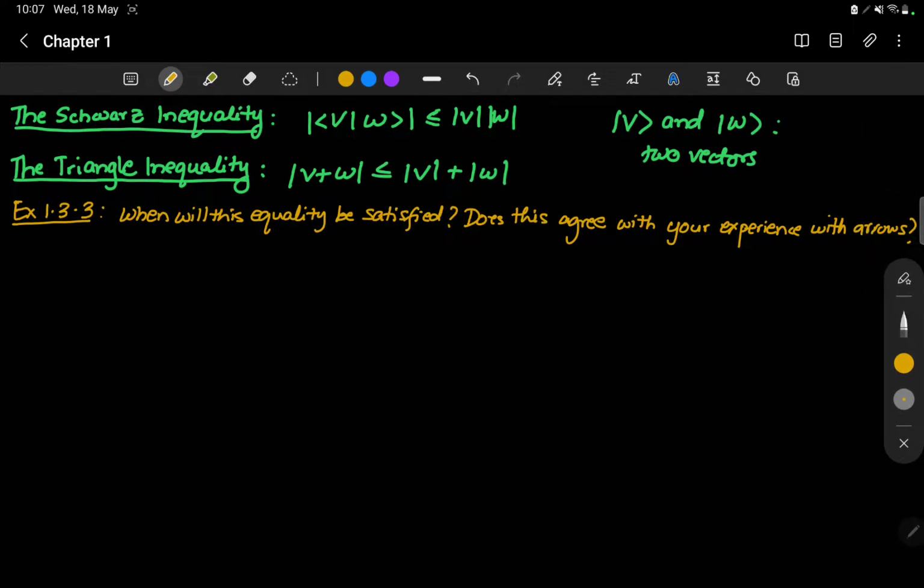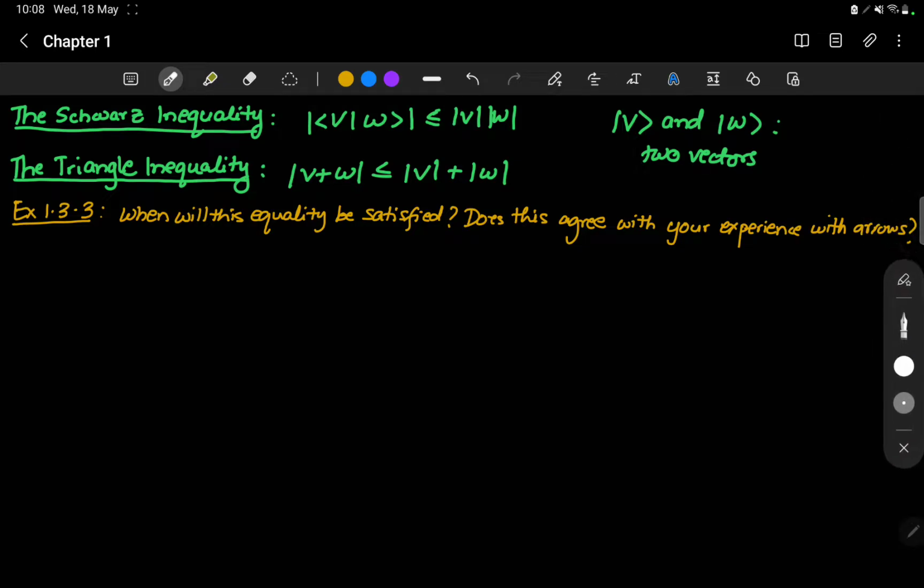Let us look at the first part of the question. The first part asks us, when this equality in this inequality is going to be satisfied in both these inequalities. So let us see that.